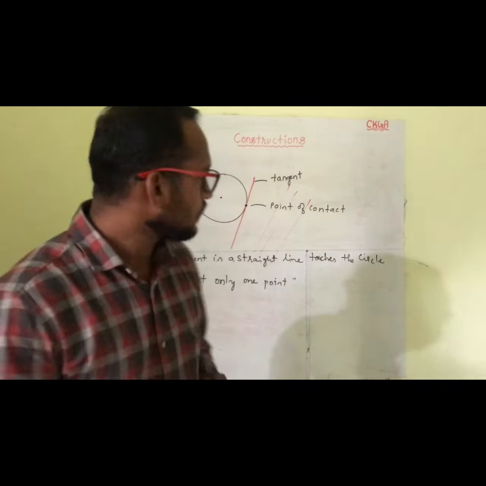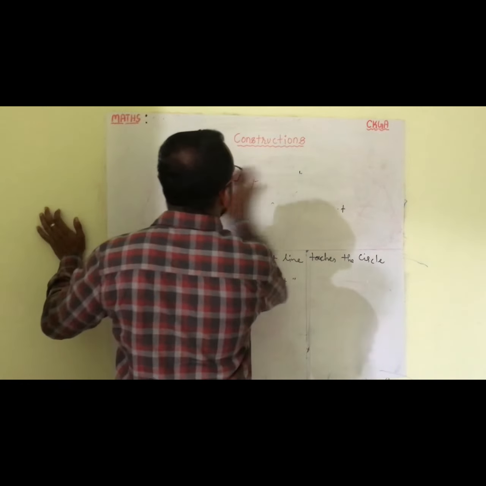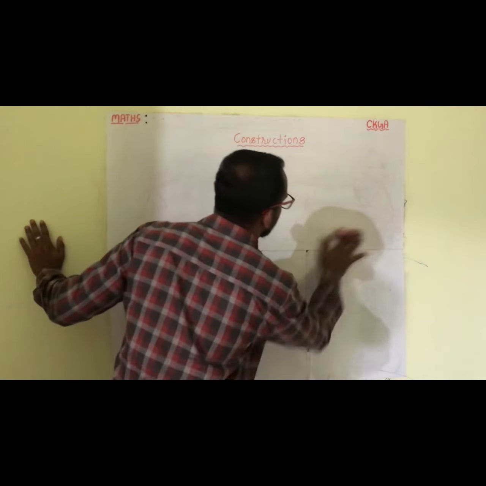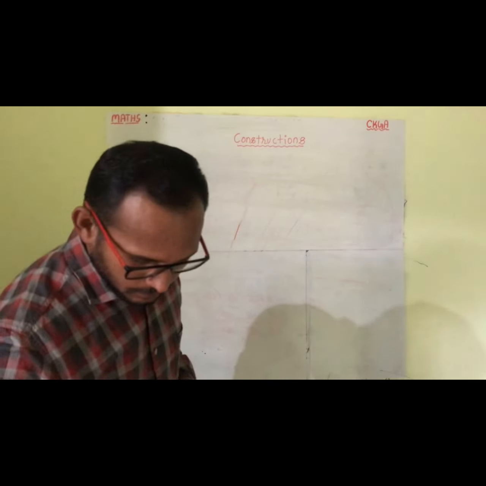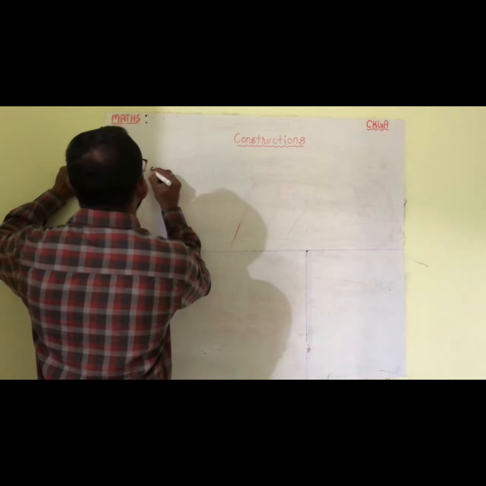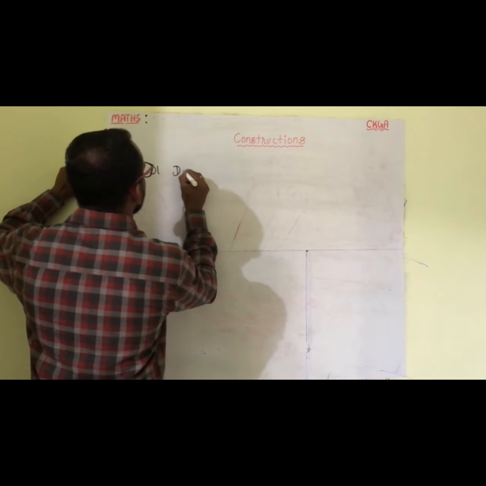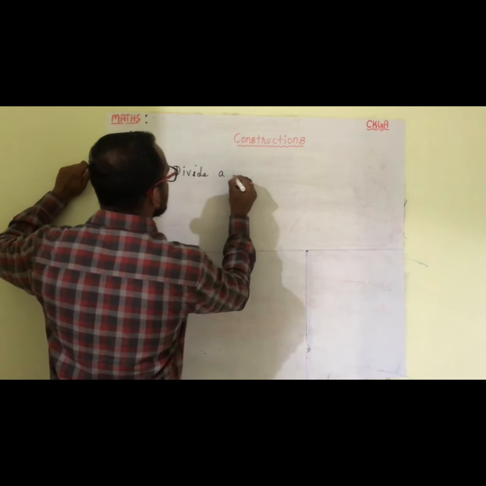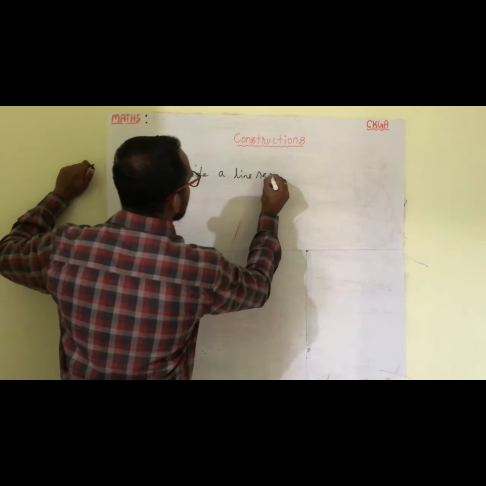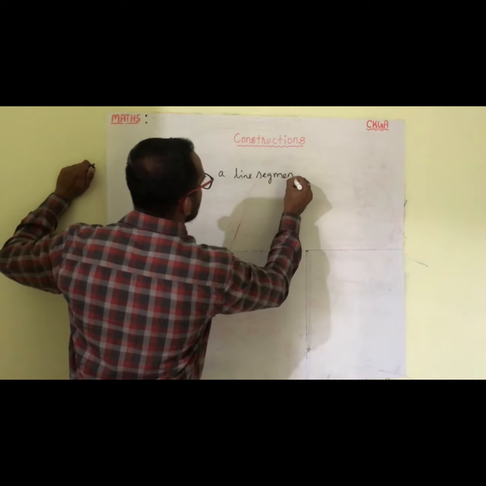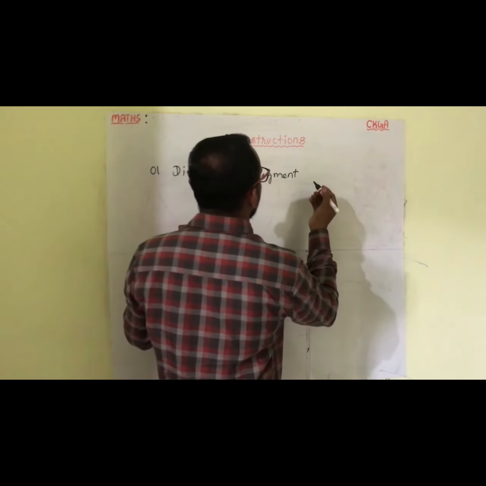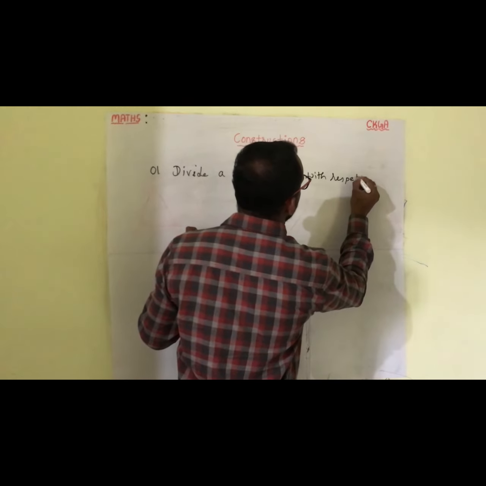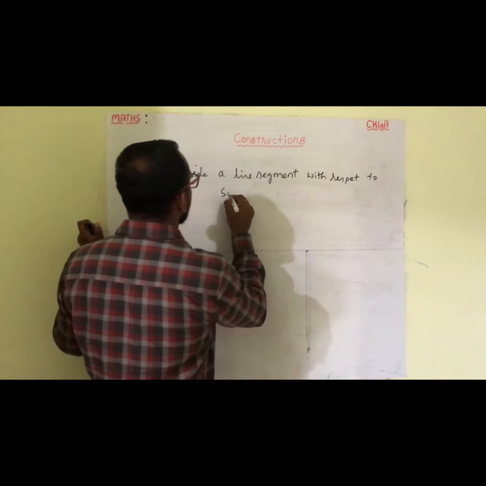So now I'll take the first problem. Divide a line segment with respect to some ratio.